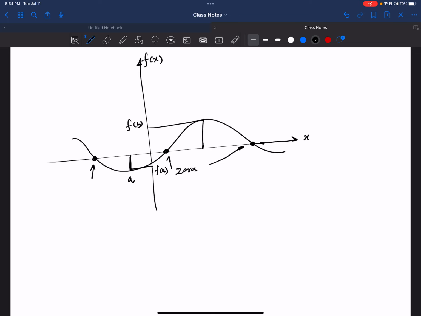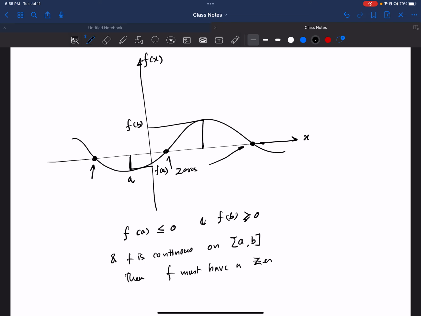Now, if f of a is less than or equal to 0 and f of b is greater than or equal to 0 and f is continuous on the closed interval ab, then f must have a 0 in ab, right?